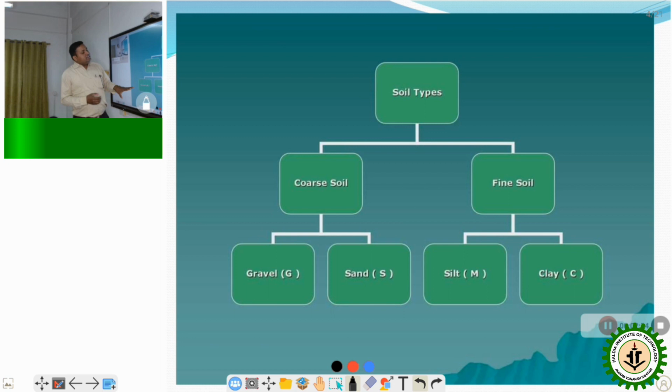From this chart it can be seen that soil can be classified in two categories, coarse grain soil and fine grain soil. Under coarse grain soil there are two types of soil mass, that is gravel and sand. Under the fine grain category, soil mass is silt and clay. Clay has the finest particle size.